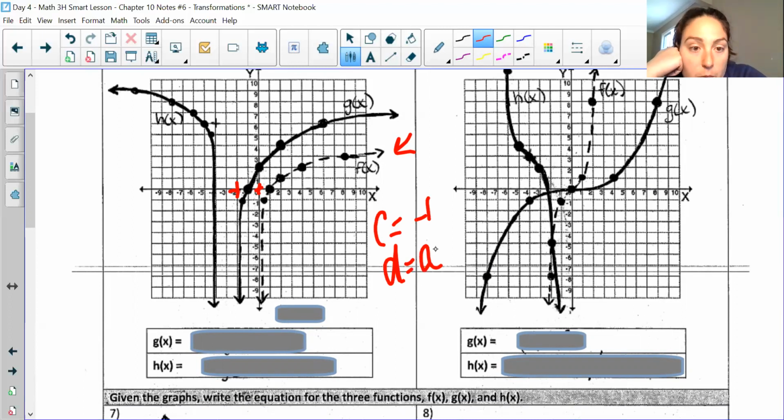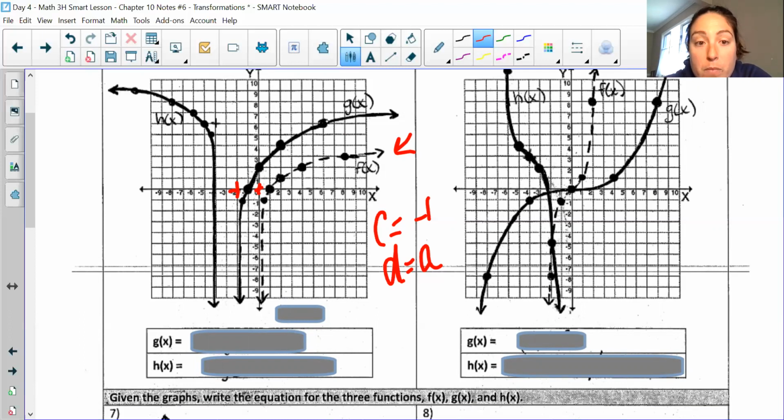And it also looks like there is a vertical change. Instead of going right one, up one, right two, up one, right 1, 2, 3, 4, up one, it looks like we went right one, up two, and then right two, up two, and then right 1, 2, 3, 4, up two.